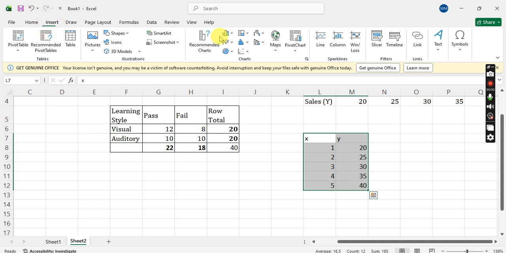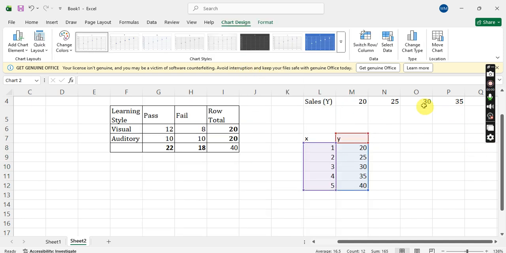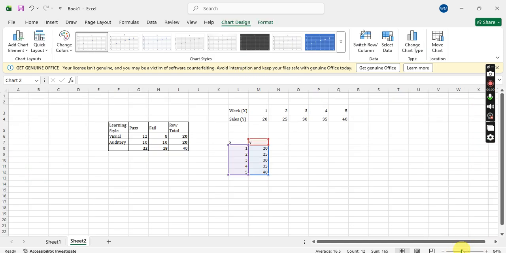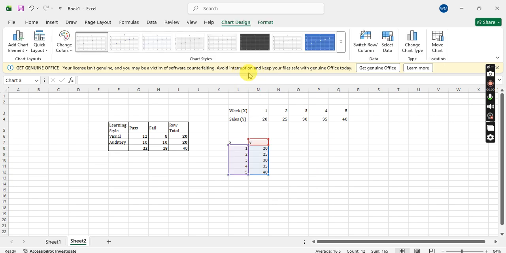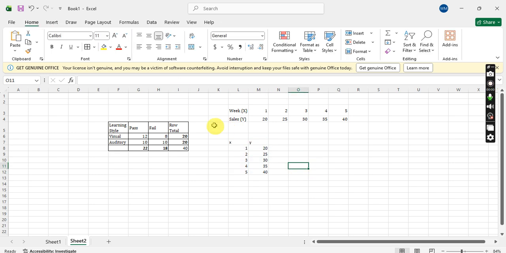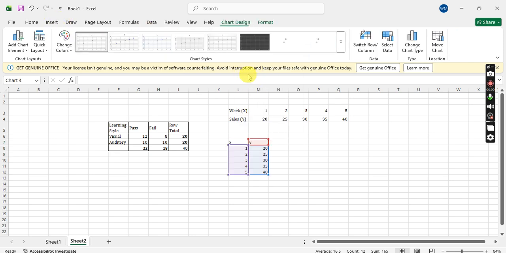We saw that graph, right? You saw the dots were going in an upward form.